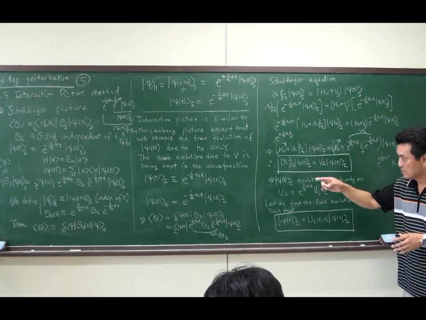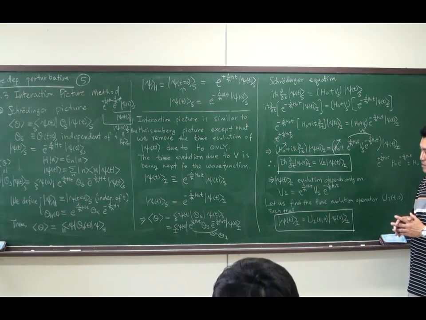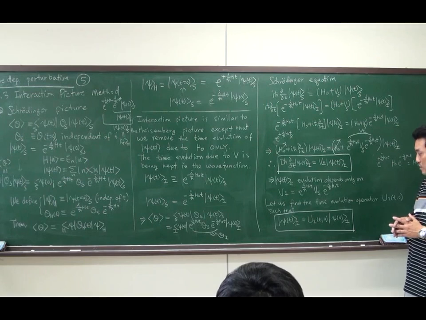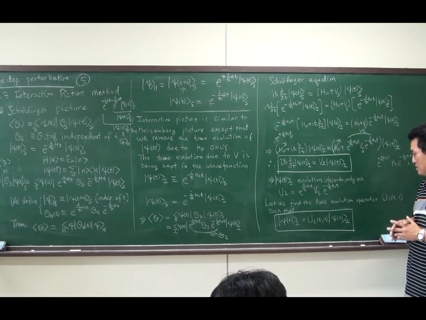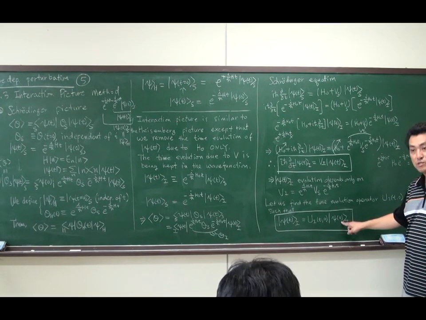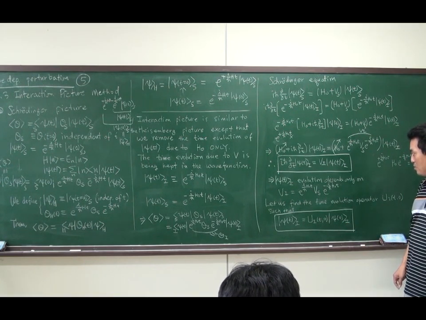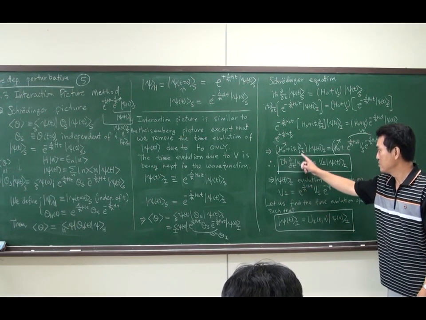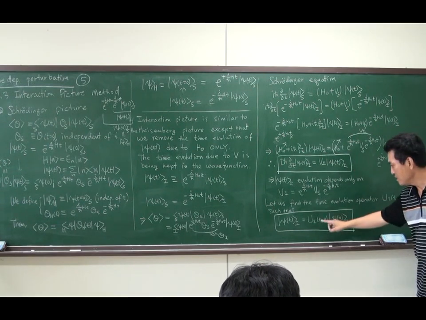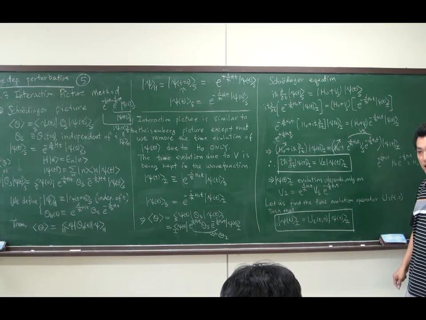For example, the expectation value of an operator at time t can be computed once I know the initial state wave function. Right? So we'd like to solve this differential equation to find U_I. Okay, that's it.